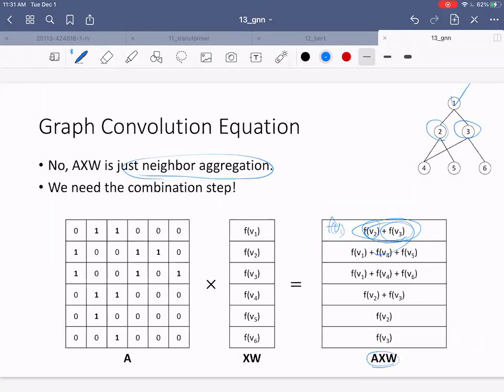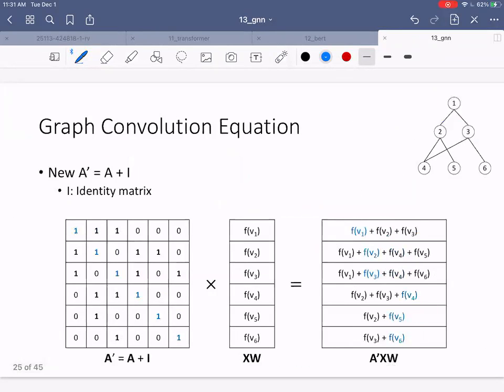So this is not over. We need the combination step. How we can achieve that is by having another modified matrix, A prime, which is just the sum of the adjacency matrix and the identity matrix. Now you can take a look at the 1s along the diagonal here.